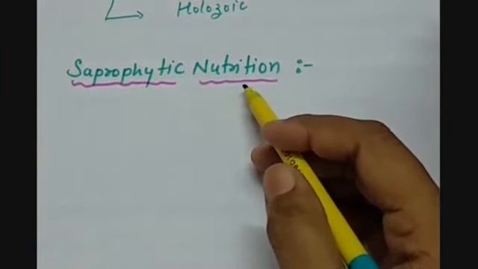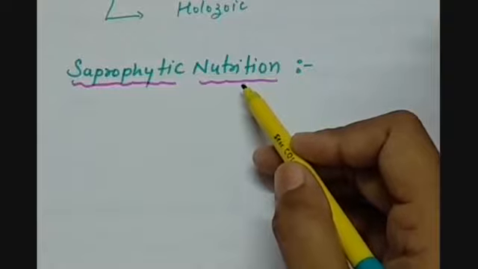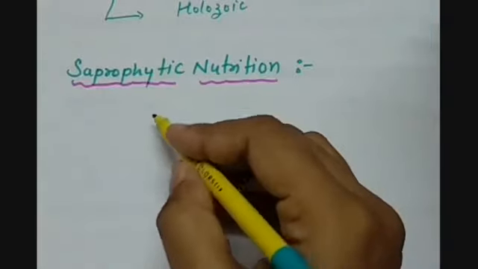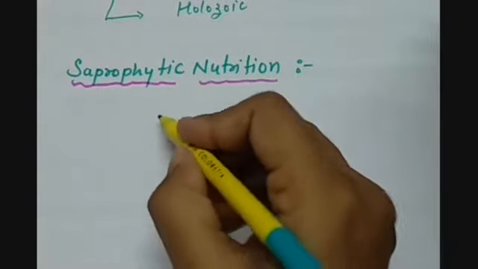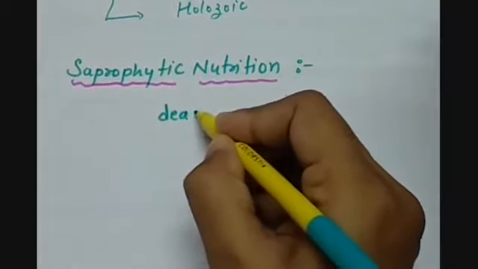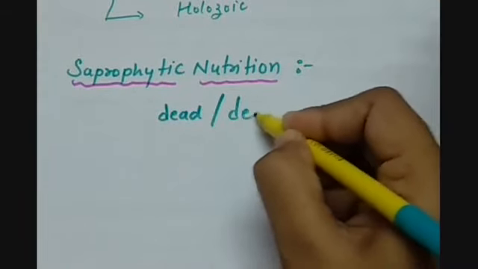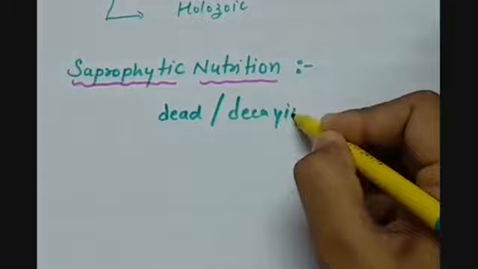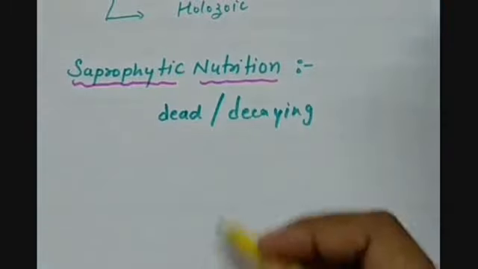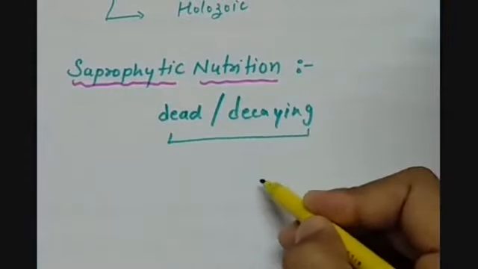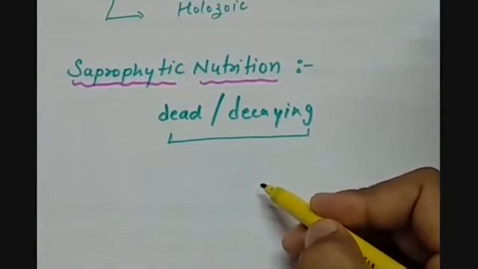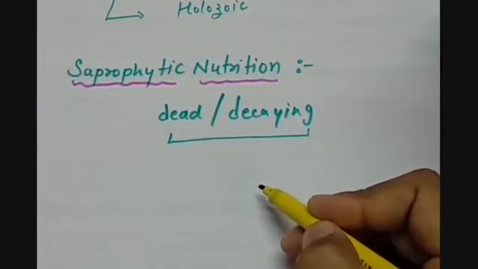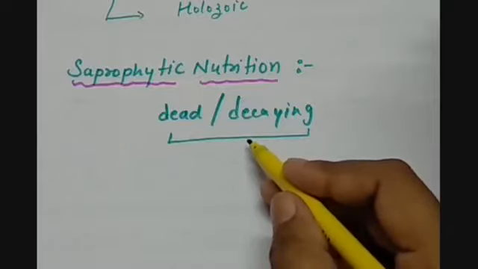It is a kind of nutrition in which the organism takes its food from dead or decaying matter. Why do they take their food from dead and decaying matter? It's because their body is adaptive to this kind of food only.